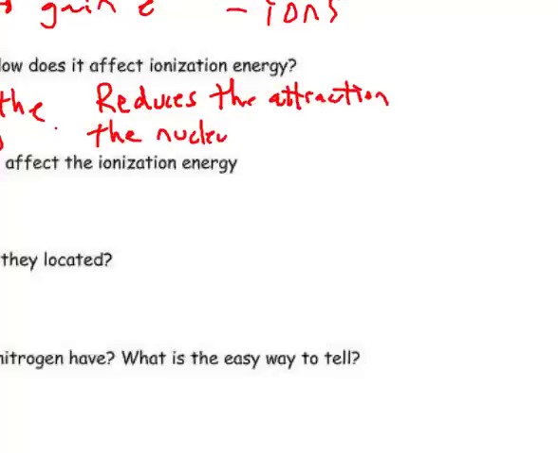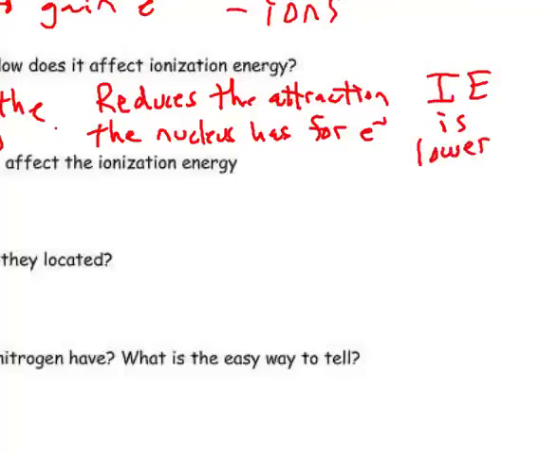So the fact that it reduces the attraction means, how is it going to affect the ionization energy? The ionization energy is a little bit lower. It's a little easier to remove the electron, so it requires less energy. So the ionization energy is a little lower.